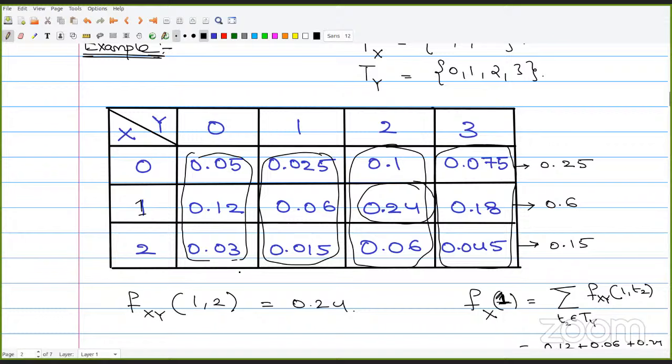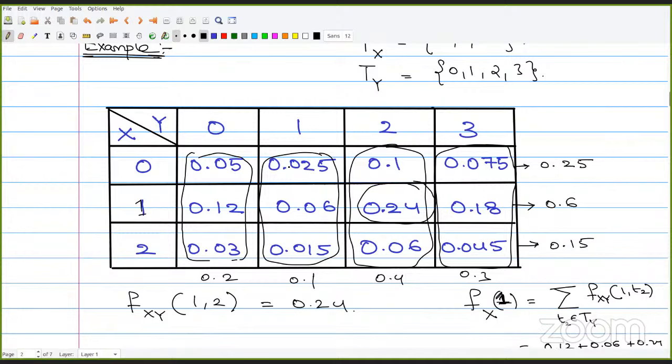If you add, you will get 0.1, 0.2, 0.1, 0.4, 0.3.